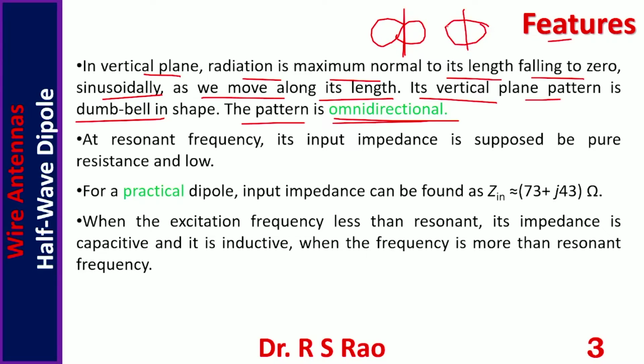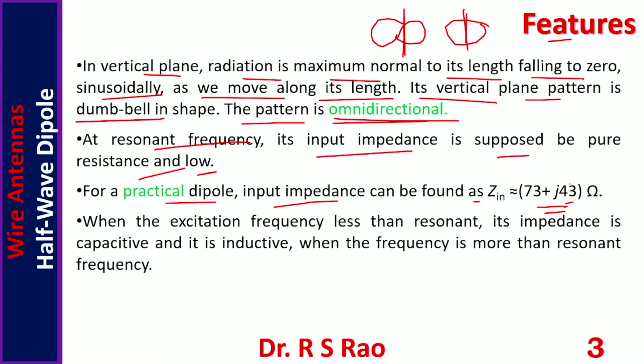This is dipole. At resonant frequency, its input impedance is supposed to be pure resistance and low. For a practical dipole, input impedance can be found as 73 plus j43 ohms. Normally, it is considered as 73 ohms, but exact value is 73 plus j43.